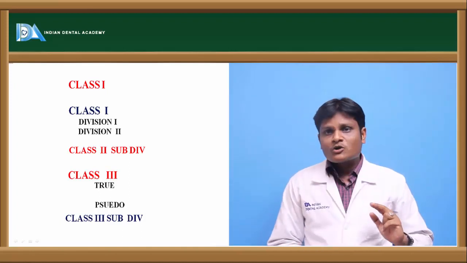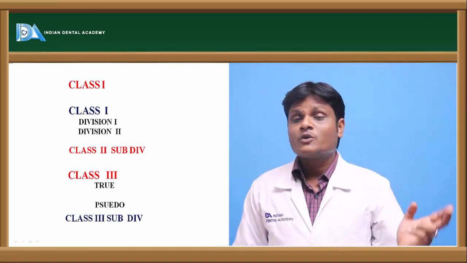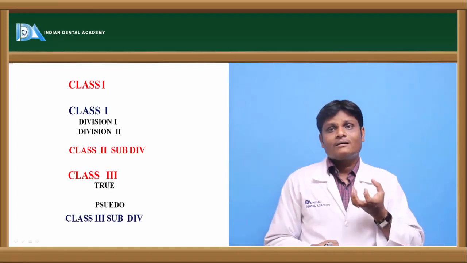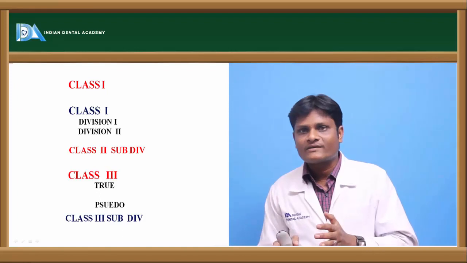So you should be able to differentiate a true class 3 from a pseudo class 3. Now what is the feature, how we can differentiate between a true class 3 and a pseudo class 3?